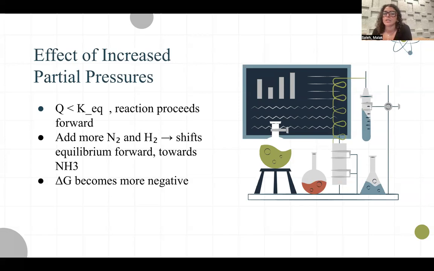So delta G becomes more negative. When Q is less than K, the forward reaction is favored. So that's why delta G becomes more negative. It's going to drive the formation of more product, which is ammonia.